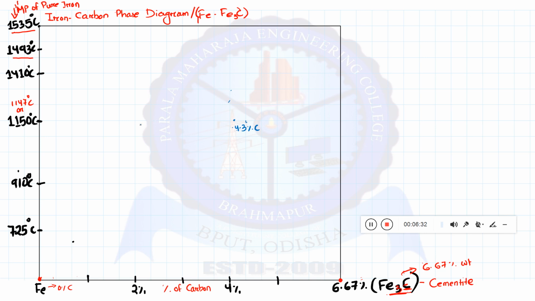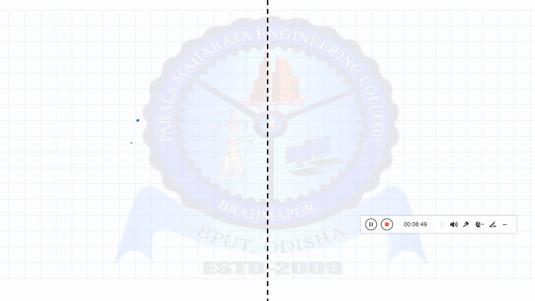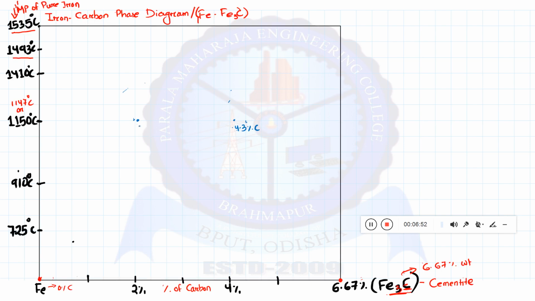And another salient point that is required here, because this particular reaction will be represented by a horizontal line which will start from the composition 2.1 percentage of carbon. So this will be one horizontal line.